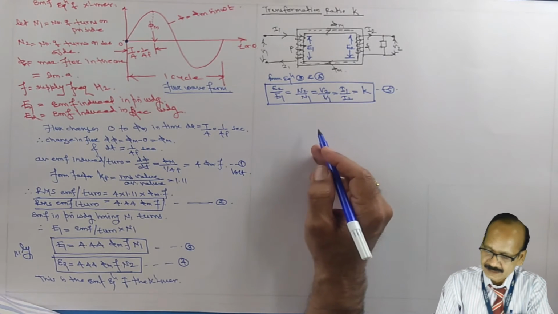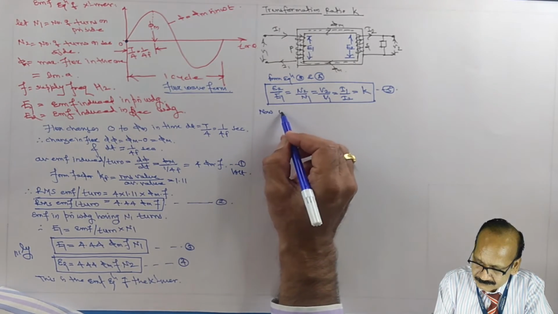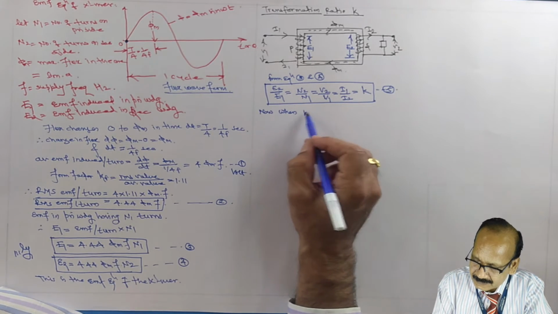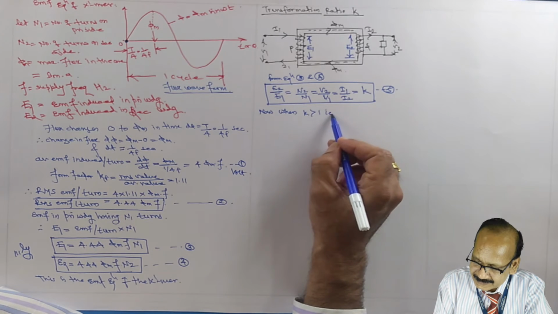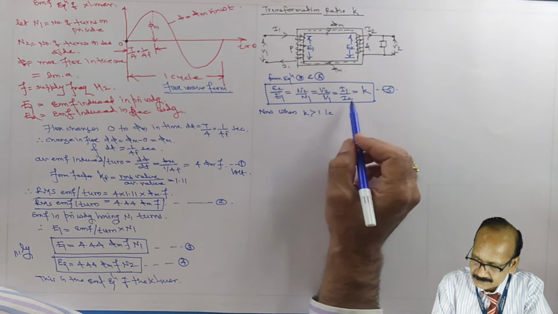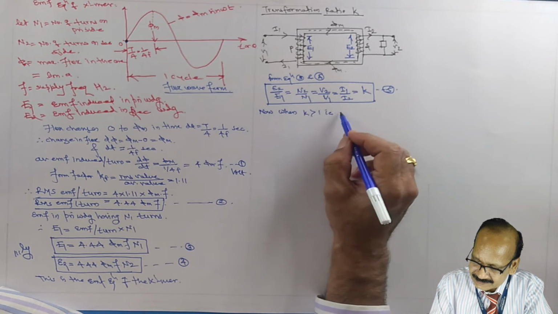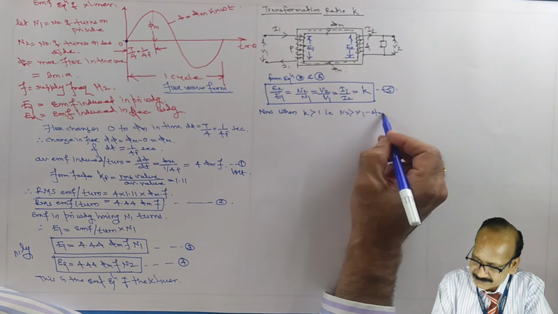Okay. Now, when K is greater than 1, that is N2 is greater than N1, step up transformer.